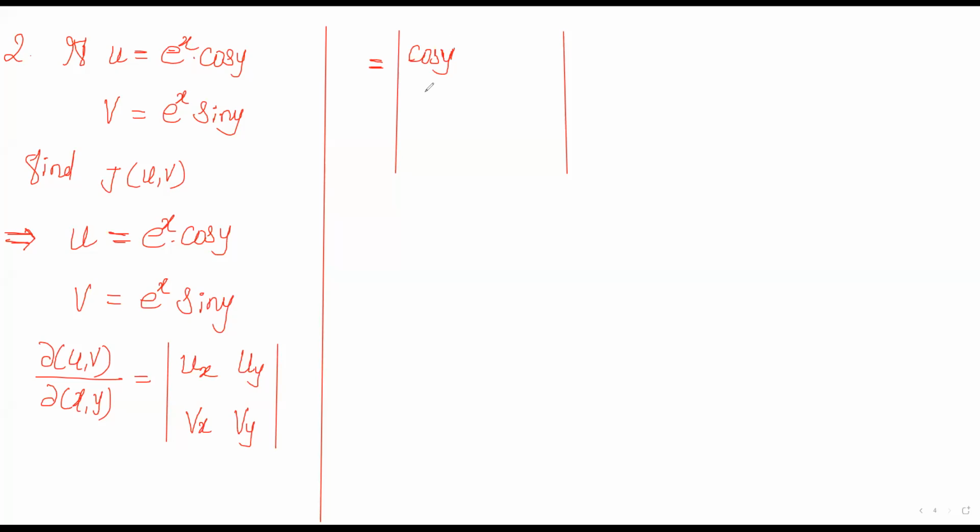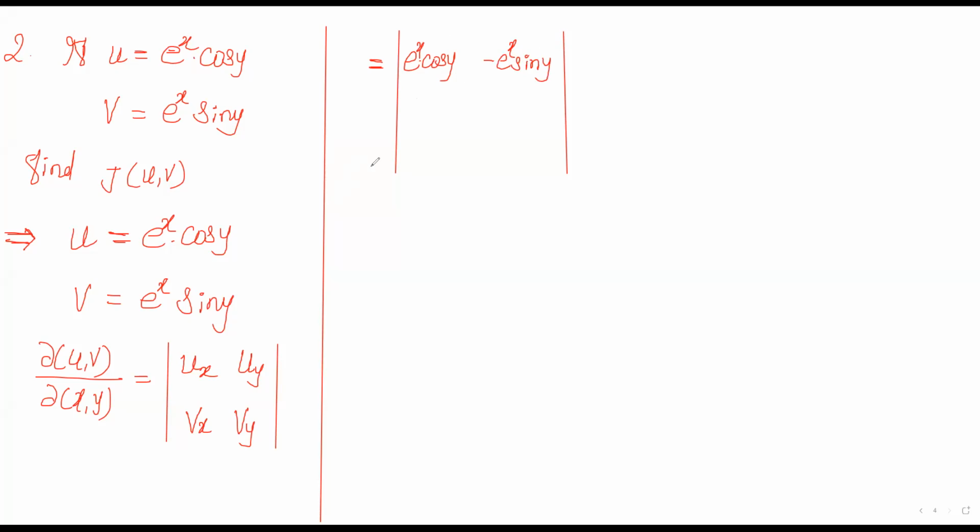Derivative of e raised to u with respect to x: e raised to x as it is, since the derivative of e raised to x is e raised to x. So e raised to x as it is, into cos y. Then the derivative of u with respect to y is minus e raised to x into sin y.